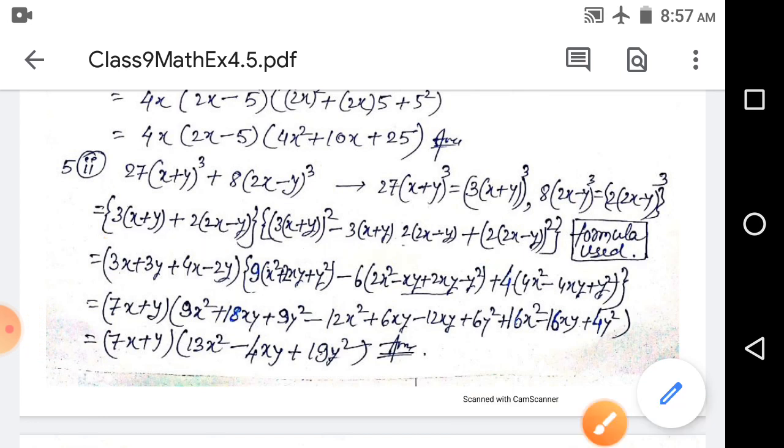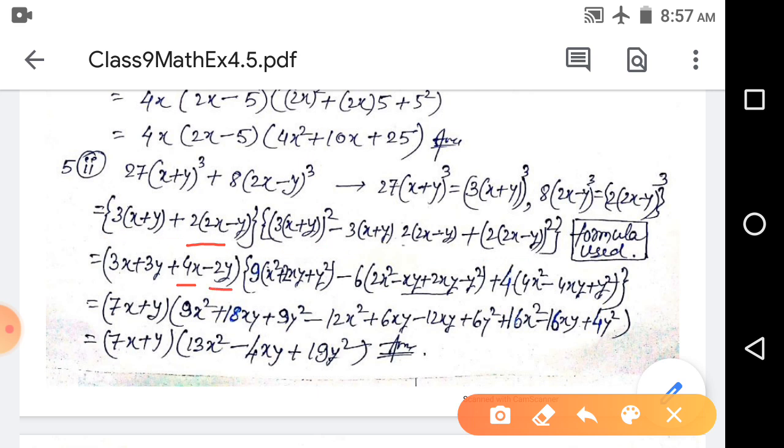Now we rewrite those terms, the bracketed terms are broken. It is 3(x + y), so it can be written as 3x + 3y. 2 into 2x is 4x, and 2 into y is −2y.